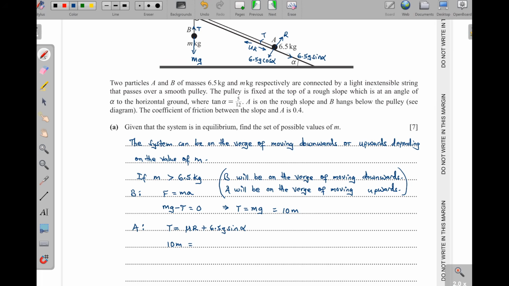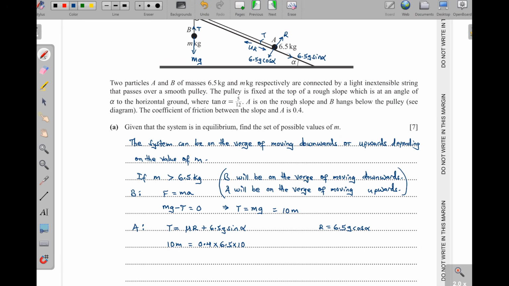And then the coefficient of friction is 0.4. Then R is equal to this 6.5. There is no perpendicular movement to the plane, so R is 6.5 g cosine alpha.